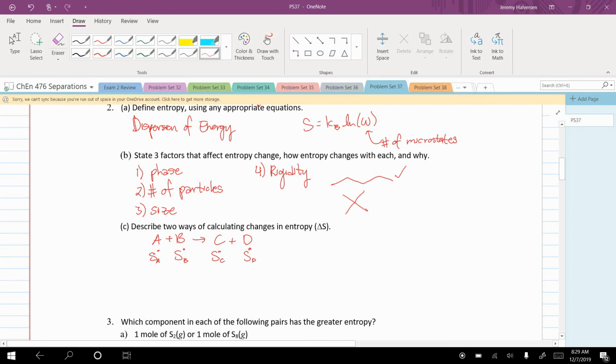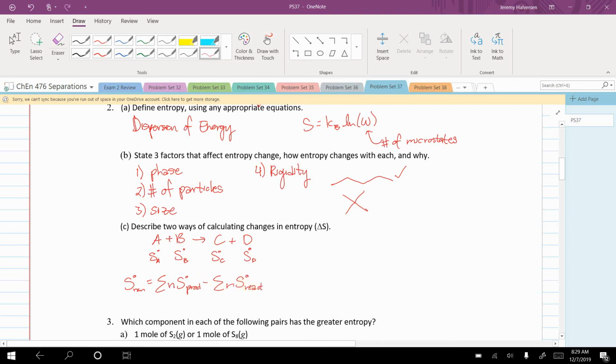If I've got the entropy values for each component in the reaction, I can calculate the standard entropy of reaction as the sum of the number of moles times the entropy values of the products minus the sum of the number of moles times the entropy values of the reactants.